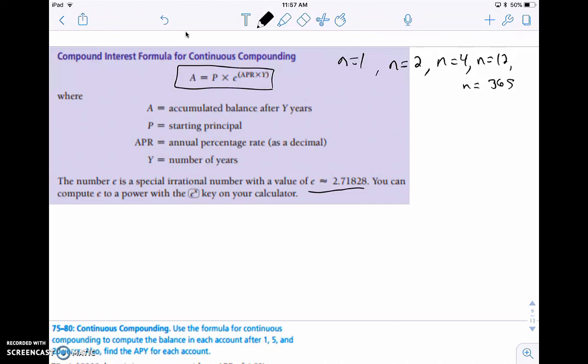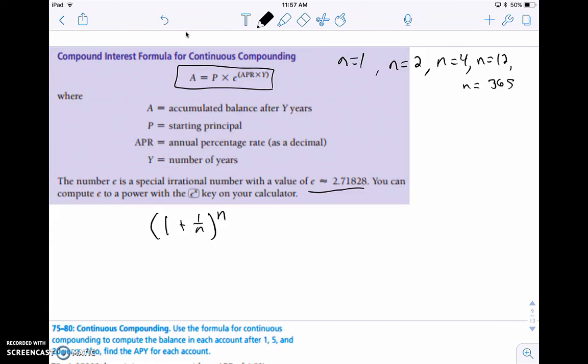But remember, when we're compounding interest, there's something that looks like this structure, and I'm going to pull out the APR, but you have something like this in this form.